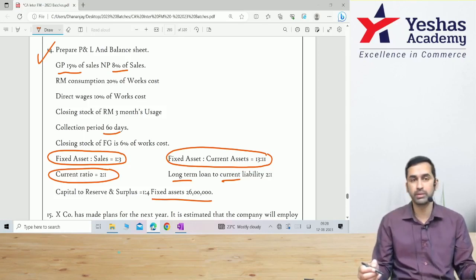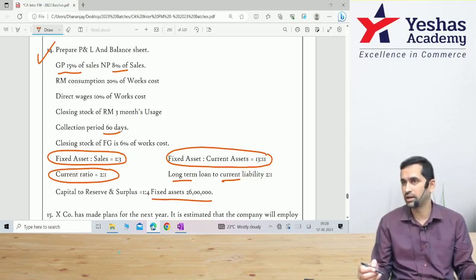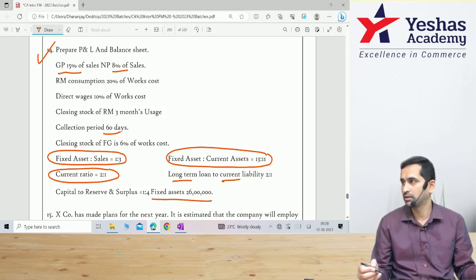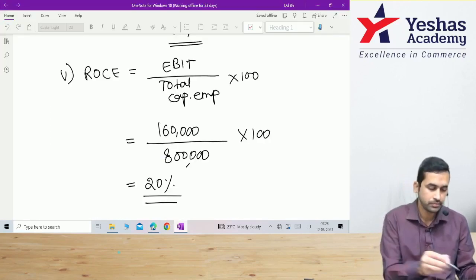And the question is to prepare P&L and balance sheet. So I'll have to start with the trading P&L format. Available numbers we will fill. The numbers that are not there, we'll have to do working notes one by one. Yes, start.